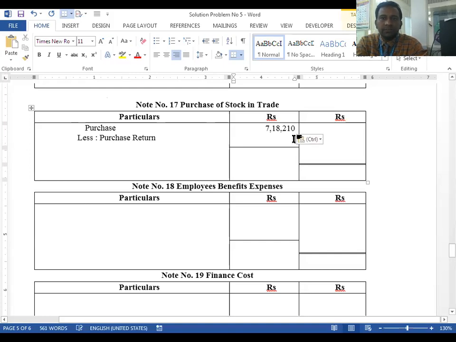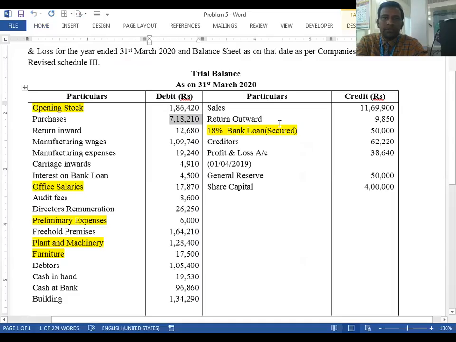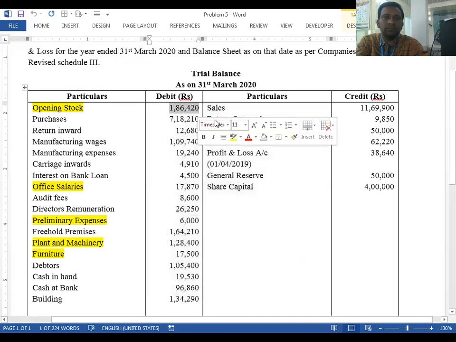Purchases less return. What is the amount of purchase return? Return outward 9,850.